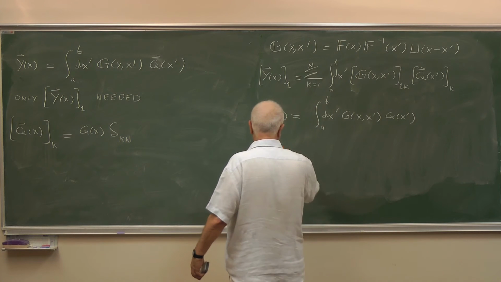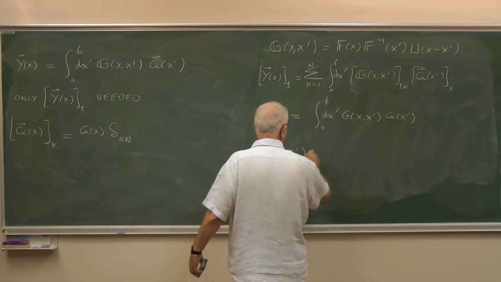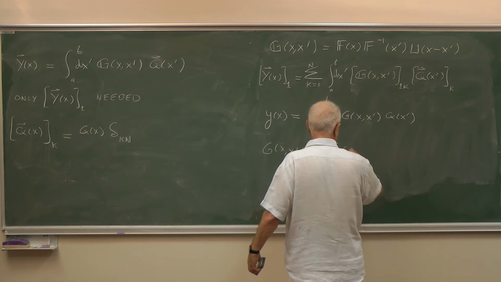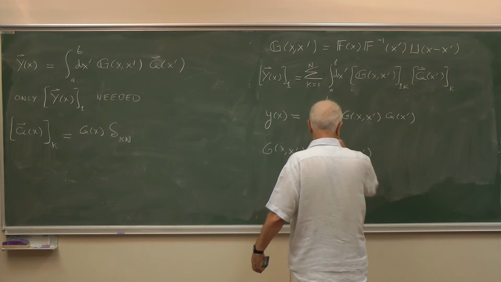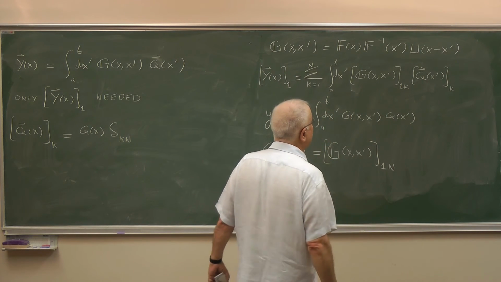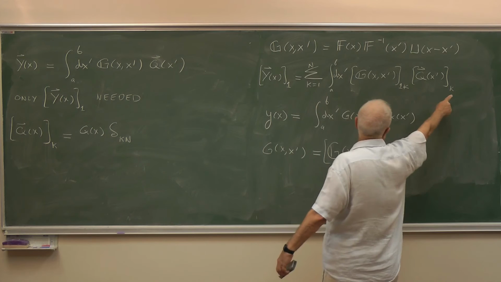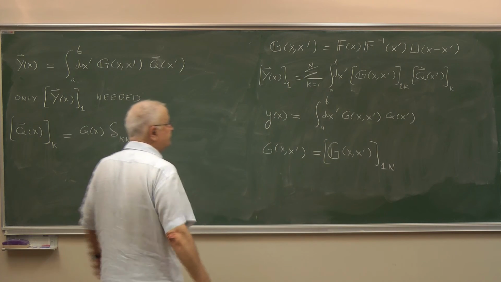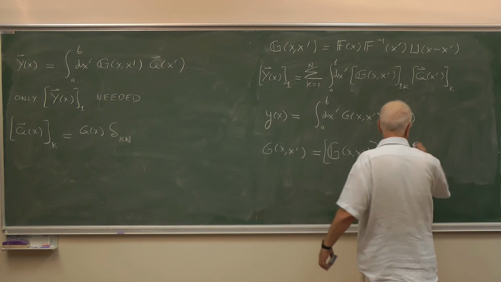G of x prime is nothing but the Green's matrix 1n element, because k will be replaced by n due to this Kronecker delta. And this is the so-called Green's function.